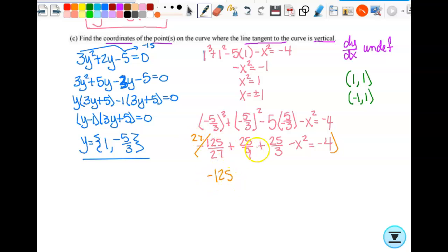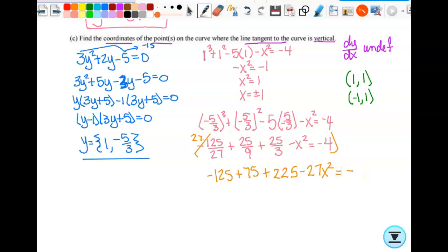When you multiply the 27 by this, 27 divided by 9 is 3, so we just have 3 times 25, which is 75. 27 divided by 3 is 9. You have 9 quarters. How much money do you have? $2. Yeah, $2.25. And then minus 27x squared equals negative.